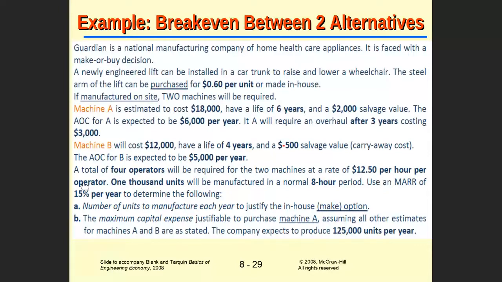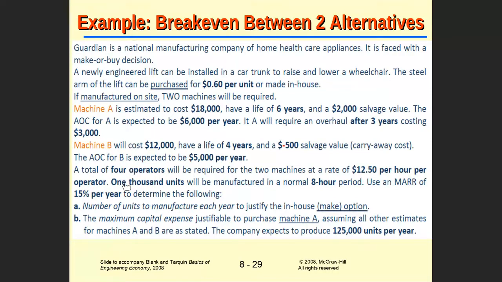If it says only per hour, that means the 4 operators cost $12.50 per hour. But when it says per hour per operator, that means every single operator costs $12.50 for the hour. So when we have 4 operators, we have to multiply this number by 4 to get the total cost for the 4 operators per hour.